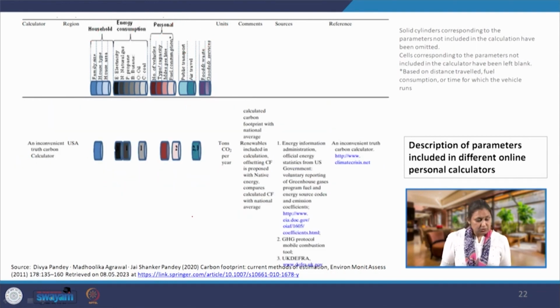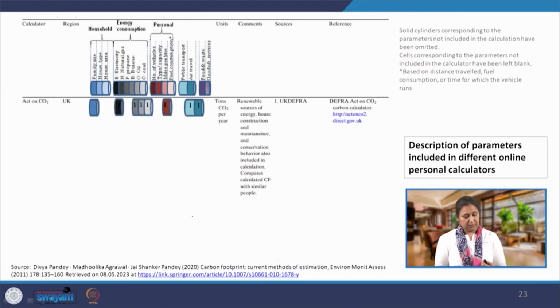An Inconvenient Truth carbon calculator from USA again takes into account a lot of these parameters, and usually most of them are actually calculating the carbon footprint in tons of carbon dioxide or carbon dioxide equivalent per year. There is another one from UK, which is Act on CO2, this is also taking a lot of parameters into account, but not the food and goods, services and waste.